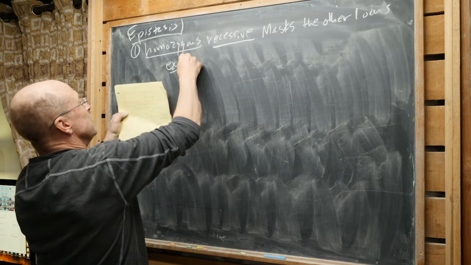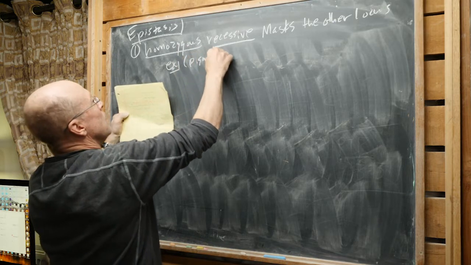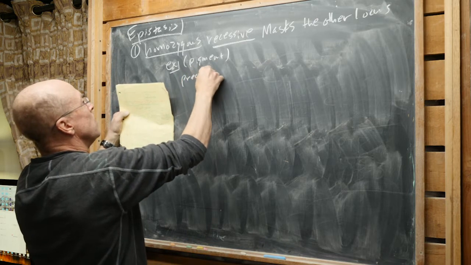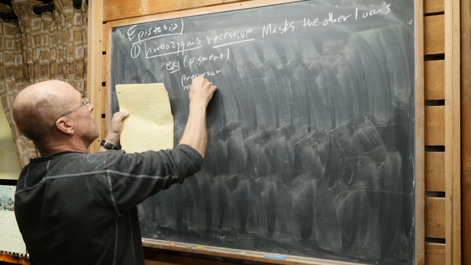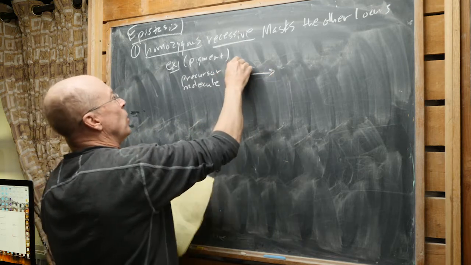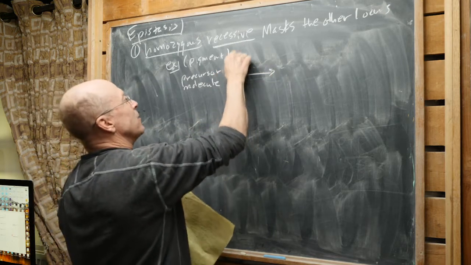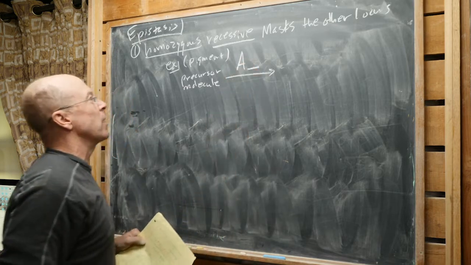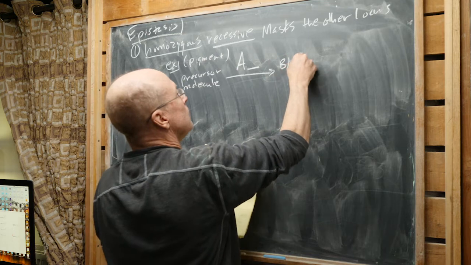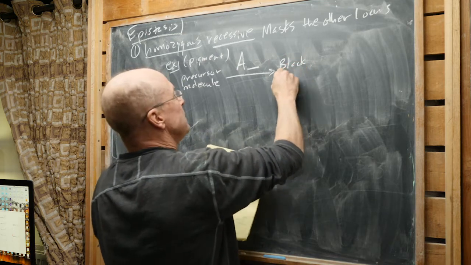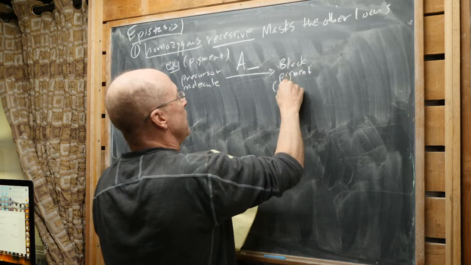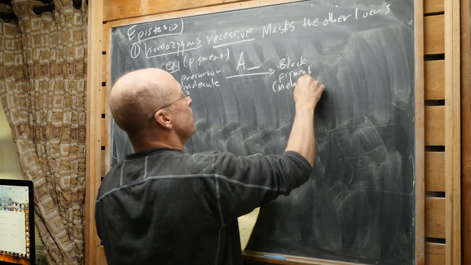This is a pigment system where the precursor molecule requires a big A to become a black pigment molecule. And this would be a pigment molecule called melanin.